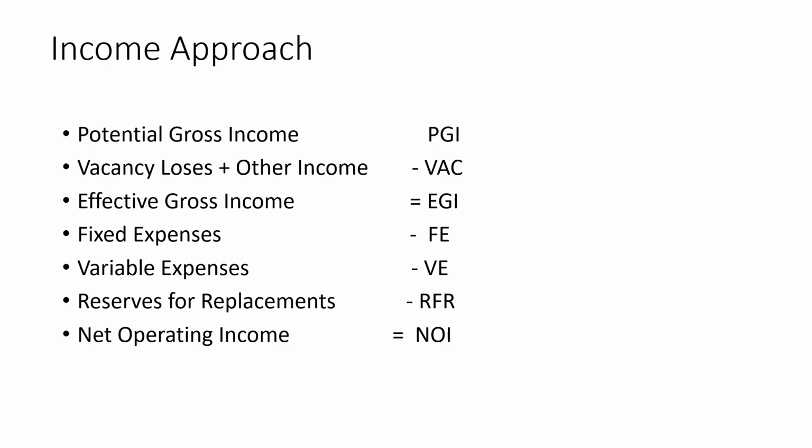We've got to put a little bit aside in our back pocket in the kitty for when that roof runs out or when the AC breaks and so forth. When we have subtracted all of those from the EGI, we get our actual net operating income which that building has managed to produce for us. We don't take into account any income taxes, company taxes or mortgage payments. That comes later.